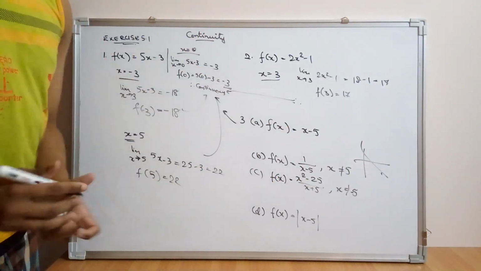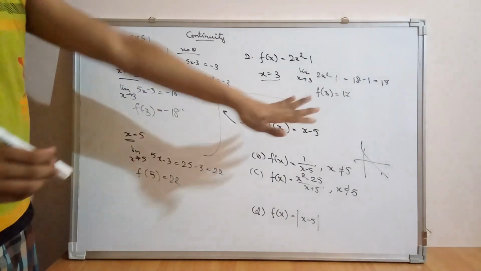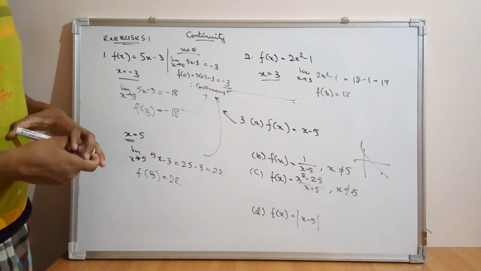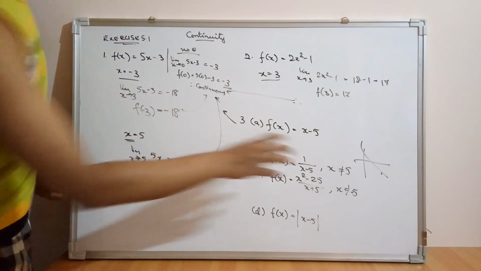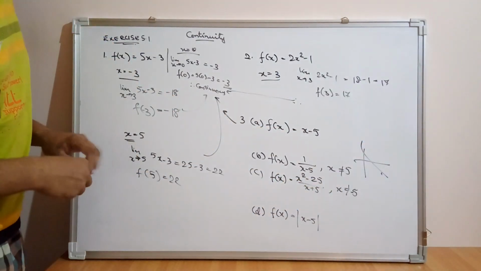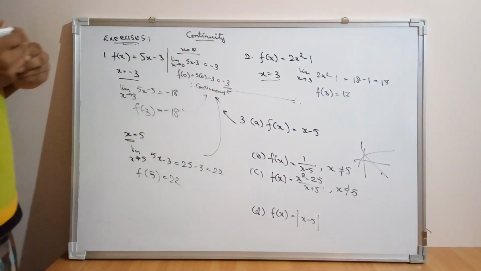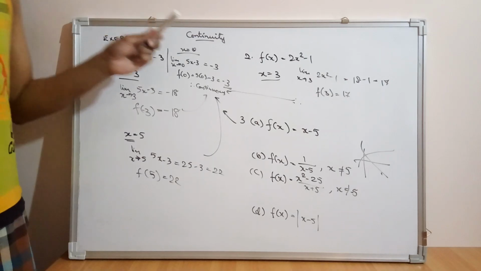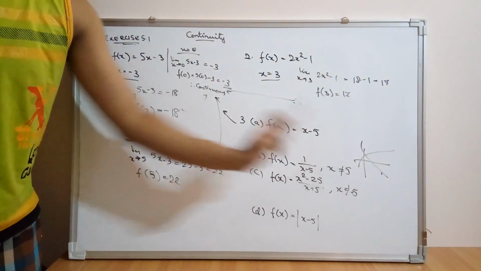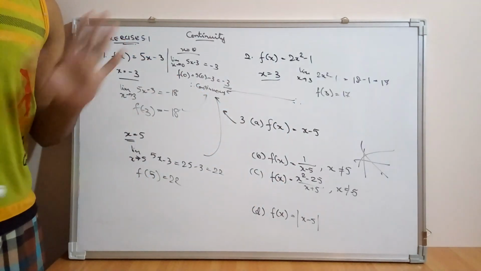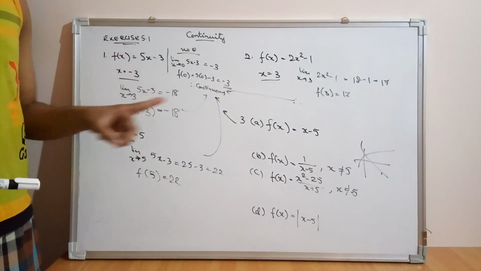I'm just giving an example over here. Mostly it is inverted like this, not like this only. It has to be somewhere like this. So from this, when x is not equal to 5, this function is going to be continuous, right?